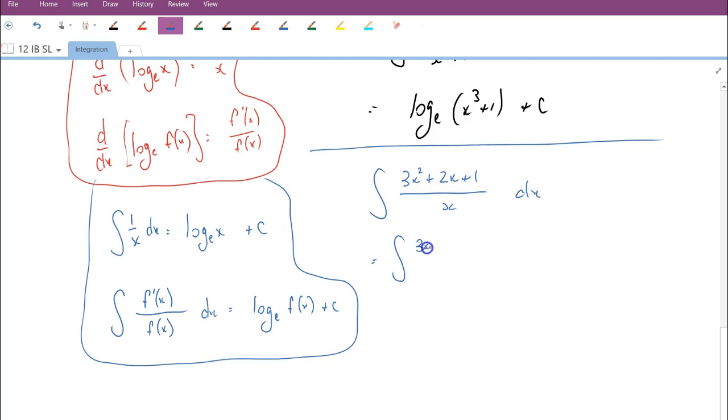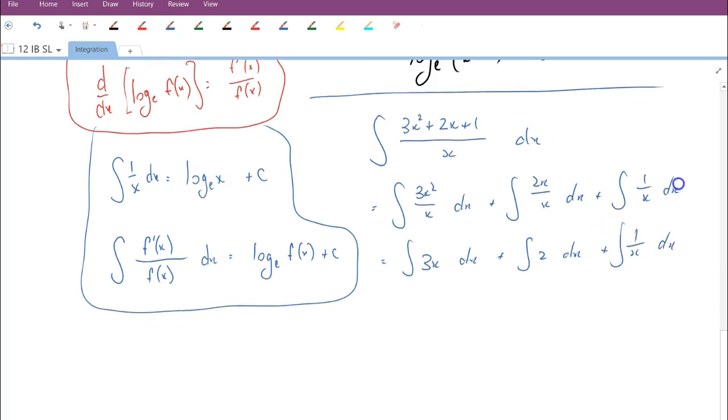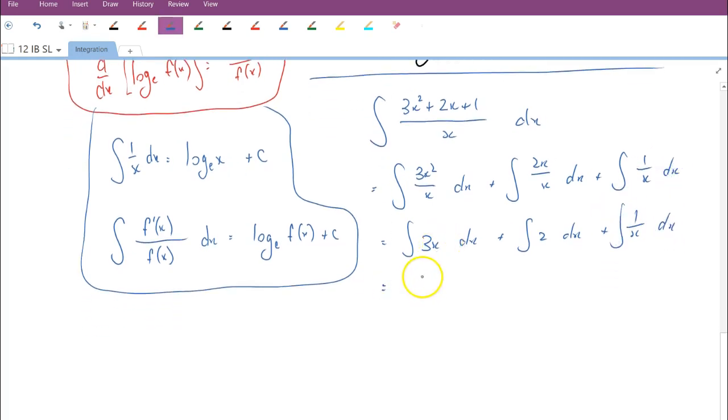So we end up with 3x squared over x dx, right, it's a bit painful to write it all out, 2x over x dx plus 1 over x dx. So this cancels down to the integral of 3x. This is the integral of 2. And this is the integral of 1 over x. And therefore we add 1 to the power, divide by it. 2 goes to 2x, and 1 over x goes to log x. And the plus c on the end.